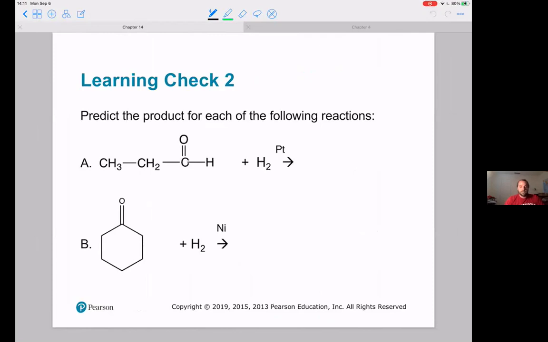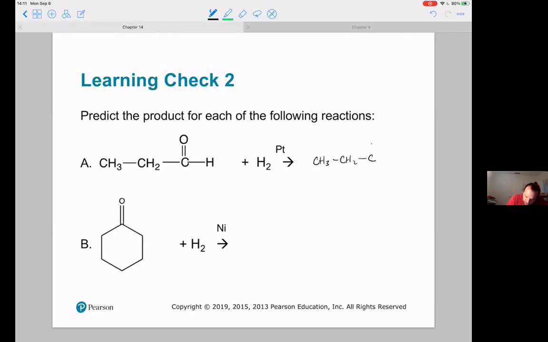Okay, everybody take a second and see if you can't figure out what that would be. You can pause and draw these in. I'm hoping that just given what we've talked about now, these should be pretty good. Number of carbons don't change.